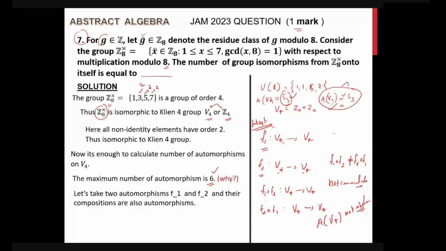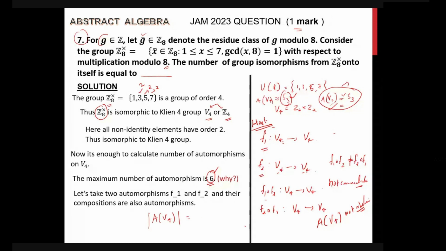Now the automorphism group of V4 is not abelian, and it has at most 6 members. So what is the only possibility for the order of the automorphism group?